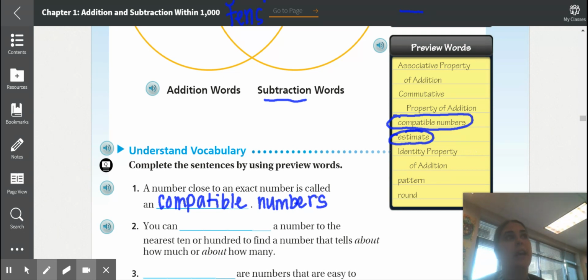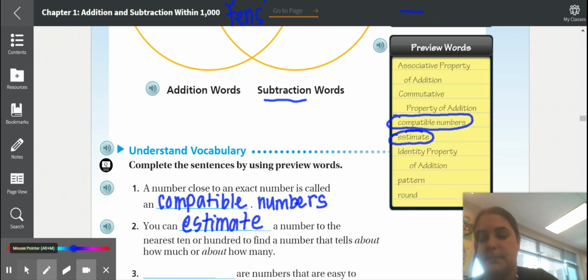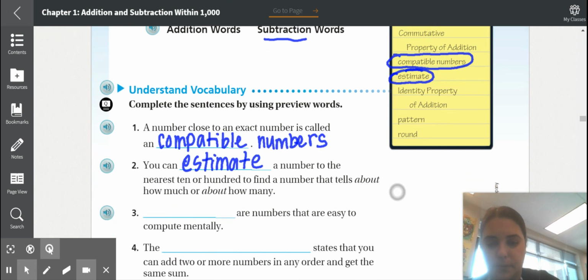So somebody could say, well, I think Miss Canzanetti has about 20 students in her class. And they would be right. We don't have 20, we have 21, but 20 would be a good estimation of how many students are in the class. So that is the word estimate. It's almost like another word for guessing, but an educated guess. Okay, moving on.